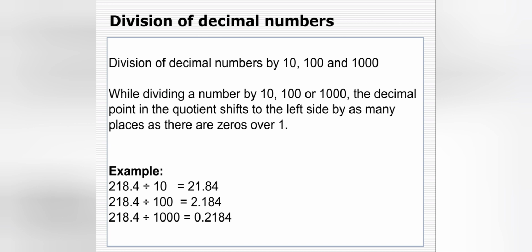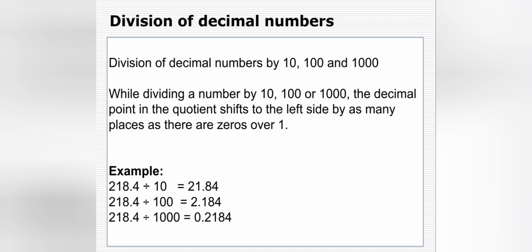Moving further, the next point is division of decimal numbers by 10, 100 and 1000. Now children, you remember that when multiplying a decimal number by 10, 100 and 1000, what we have learned? We have learned that we have to move our decimal point to the right side by 1, 2 or 3 places, isn't it?